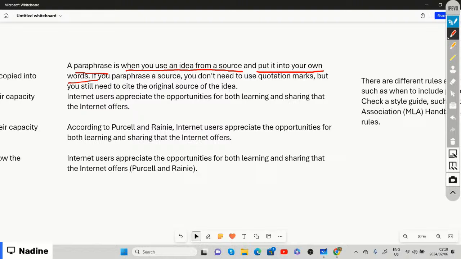Quotation marks are for when you directly take something from either the internet or a journal article and use it as your own directly.